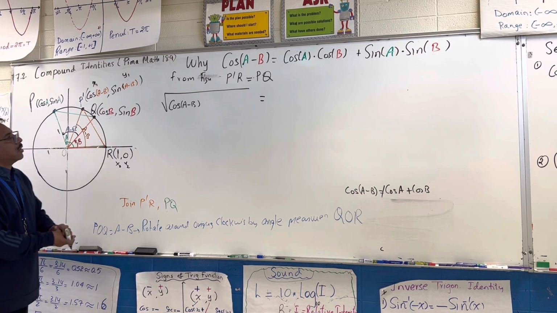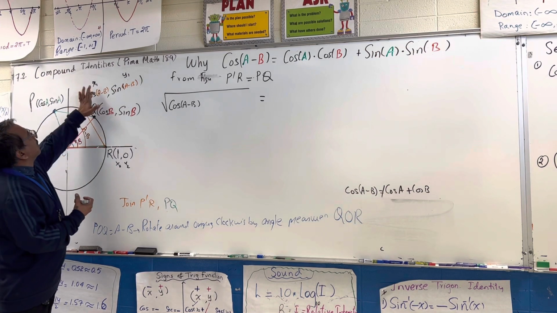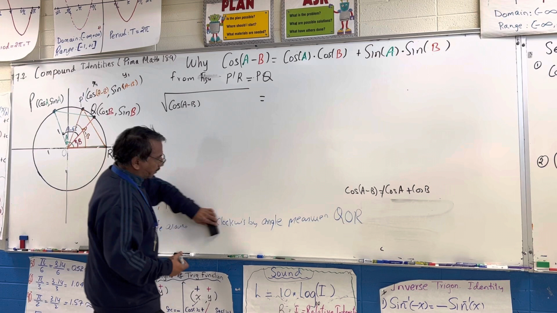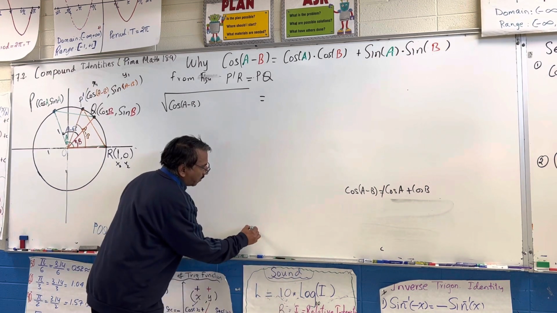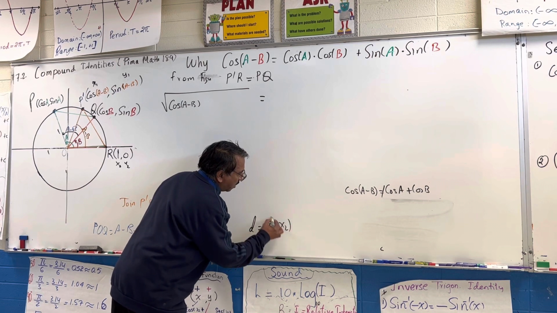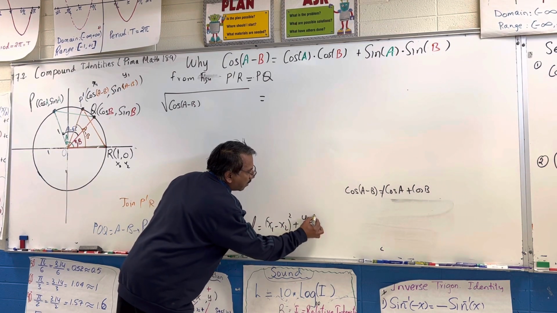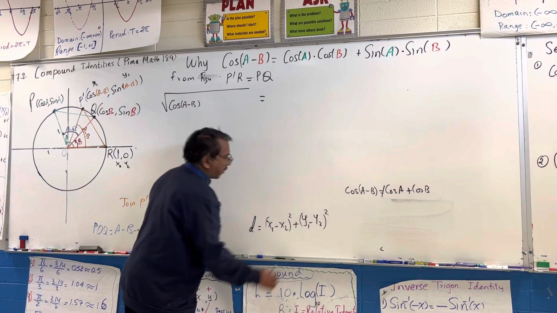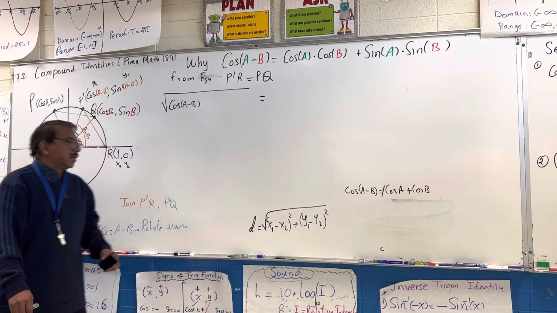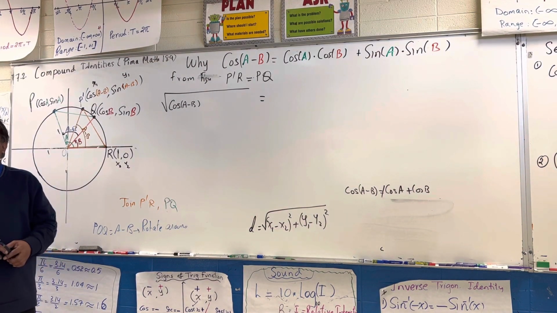Okay, so you see this cosine x1 minus x2. So the formula is, distance formula D is x1 minus x2 the whole square plus y1 minus y2 the whole square, and the square root. Make sure you check this afterward, okay?